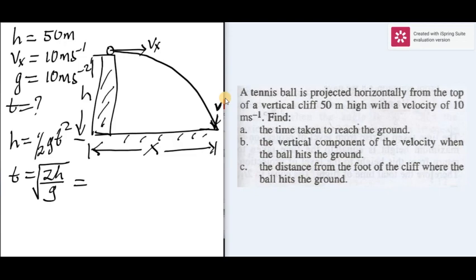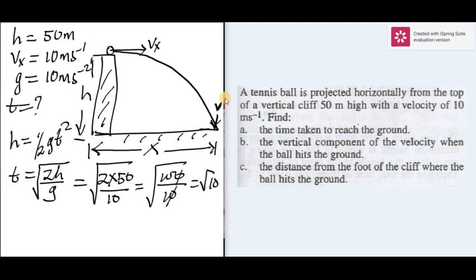Putting in the values, we have 2h is 100, acceleration due to gravity is 10. That is 100 all over 10. We end up having the square root of 10, approximately 3.2 seconds.